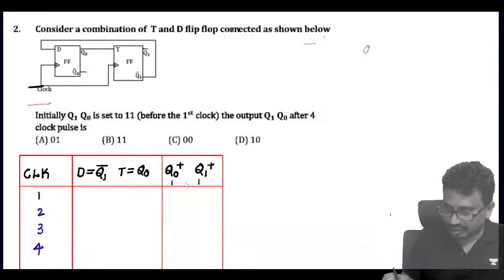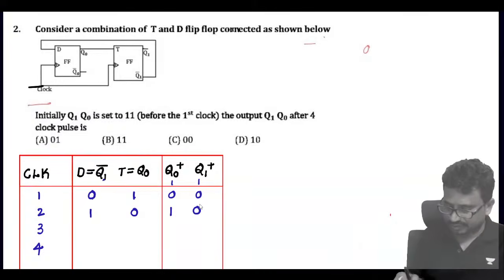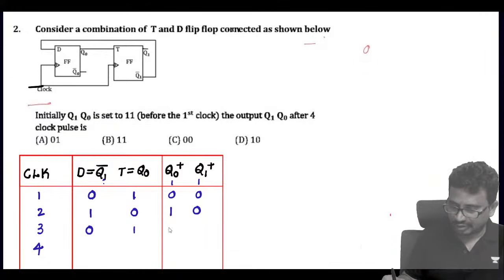So Q1 bar is 0 and Q0 is 1. For the D flip-flop, the output is 0. T is 1, which means toggle. Next, Q1 bar is 0, that is 1, and Q0 is 0, so T is 0, this is hold state. For the 3rd pulse, Q1 bar is 0 and Q0 is 1, so the output is 0, and this is toggle.